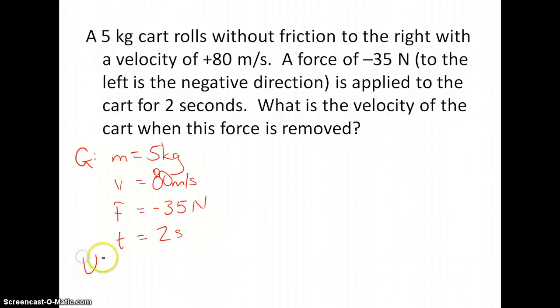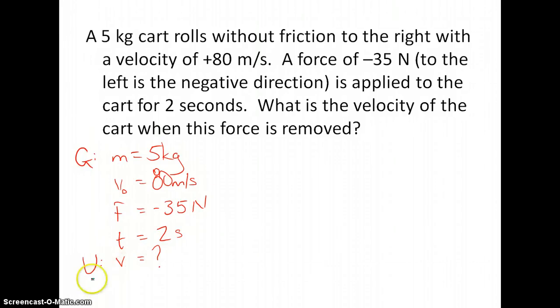Then the unknown: what is the velocity of the cart when the force is removed? That would be a final velocity. And up here this should be marked initial velocity because it's starting there. So we've got all of our stuff labeled in terms of our variables.